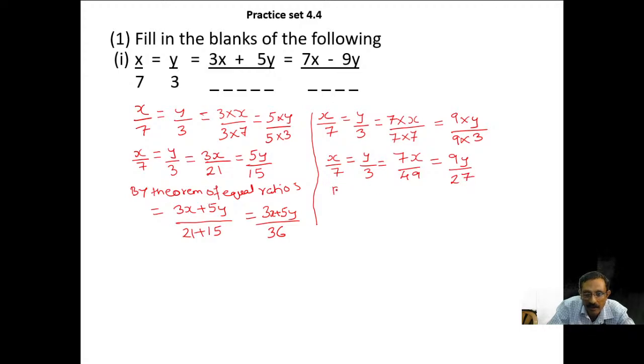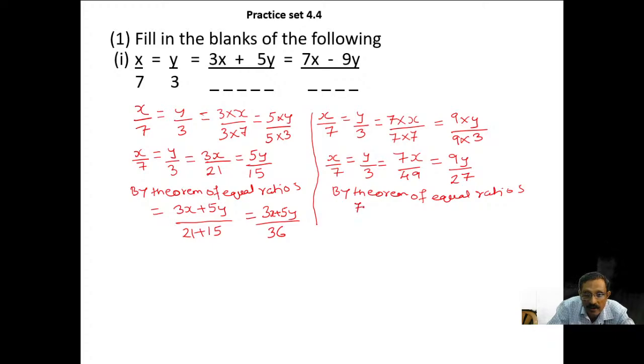Now, by the theorem of equal ratios, if it is for addition, it is also for subtraction.